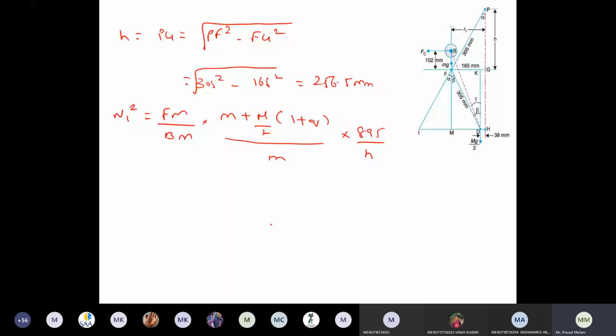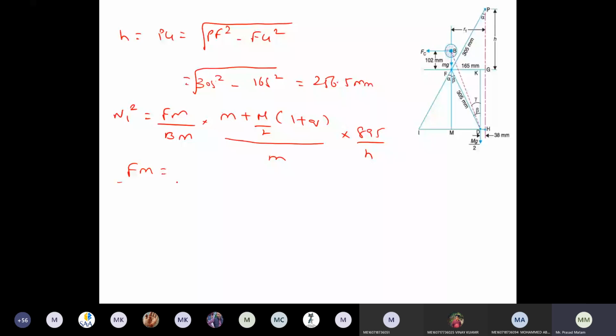What is FM from this? How to find FM now? Use Pythagoras theorem again. Someone has answered 227 mm, right.